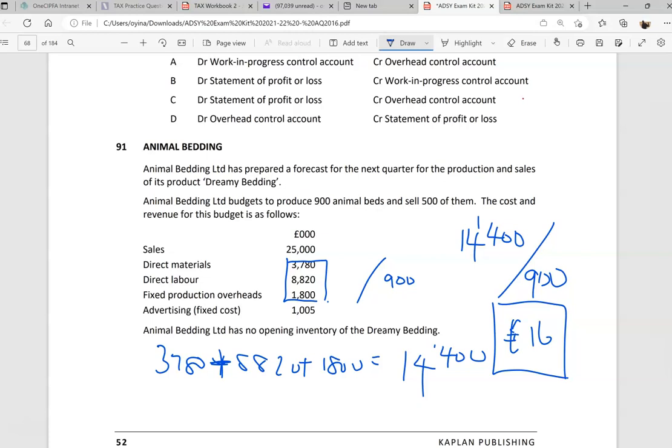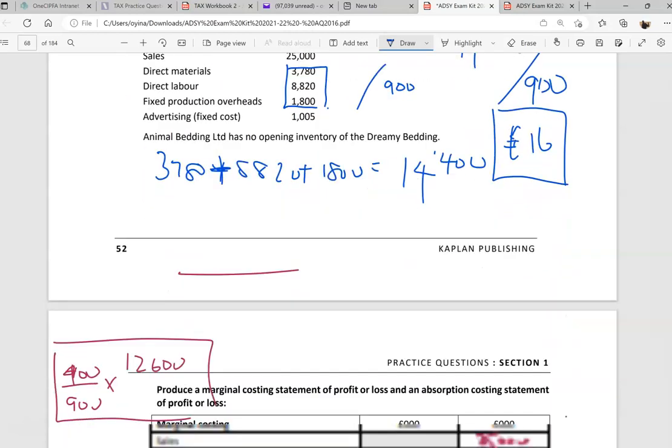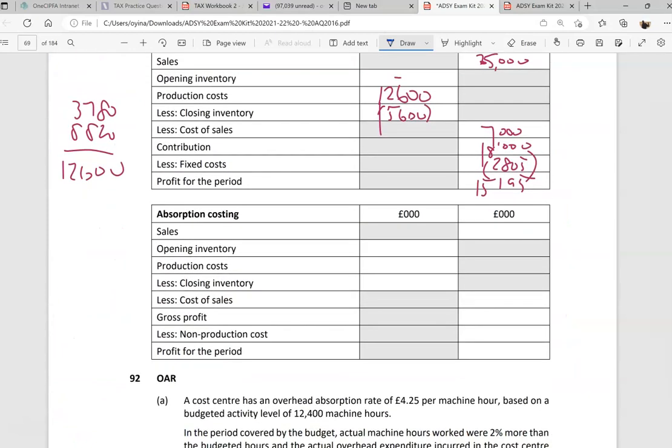So in effect, this is slightly easier actually when I think about it, because here you're still going to have the 25,000. I don't have any opening inventory. I'm going to say production is 16 times 900 units, which is really the sum of everything.